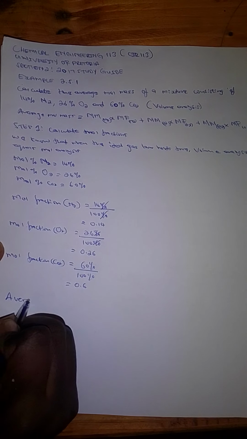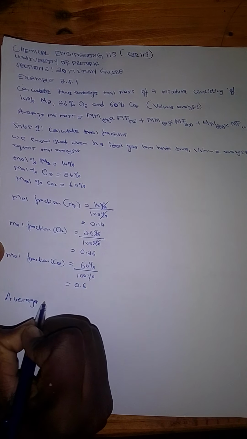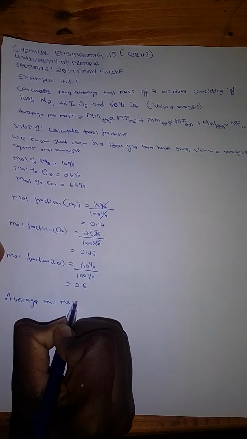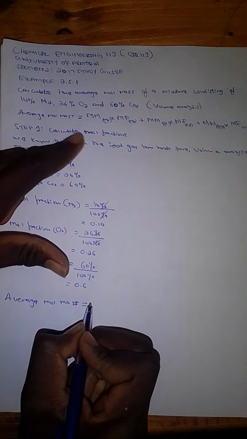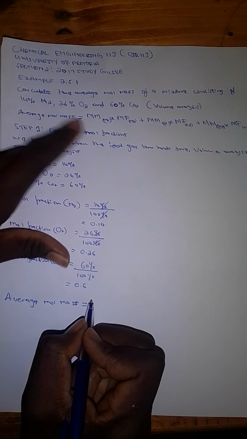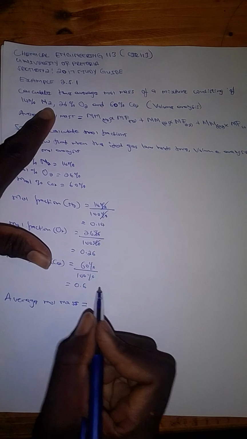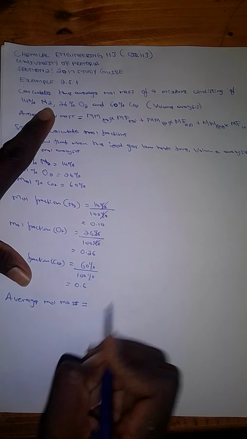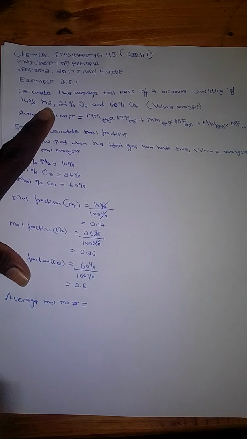Average mole mass equals, well, the molar mass of N2 is 28. It's actually 28 grams per gram mole, or pounds per pound mole, or kilomole, whatever it might be.